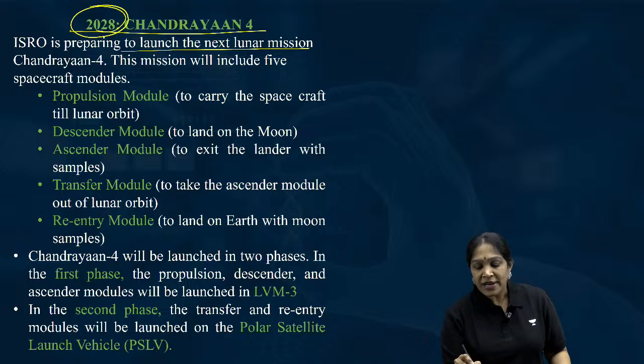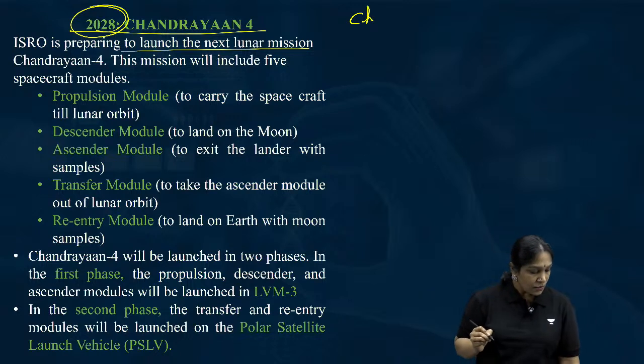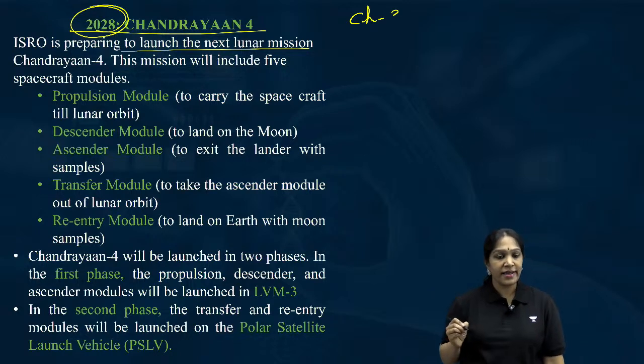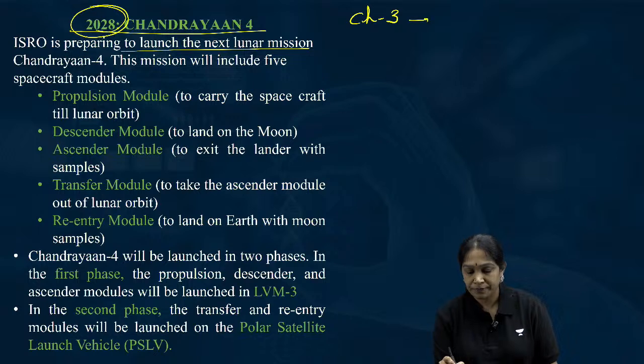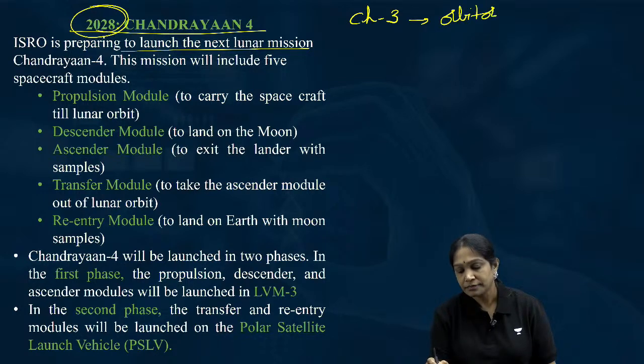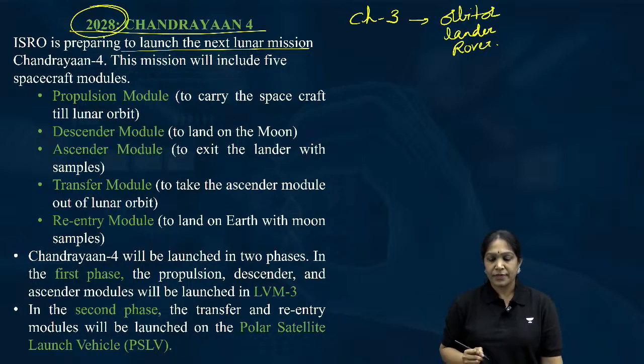Okay, all of you tell me what were the different components of Chandrayaan 3? Orbiter, lander and rover.